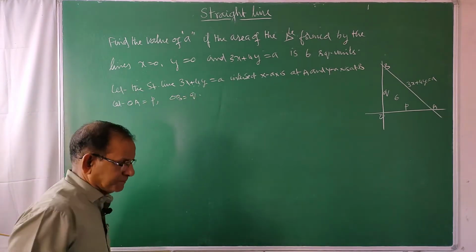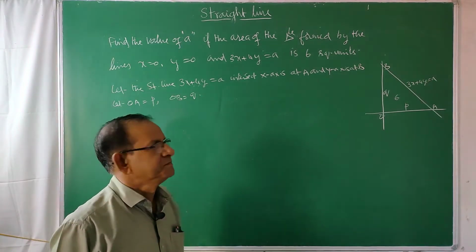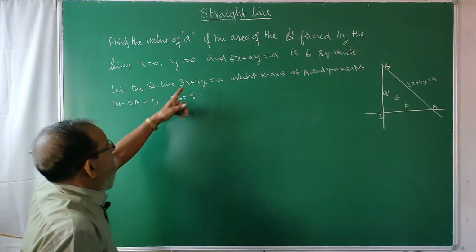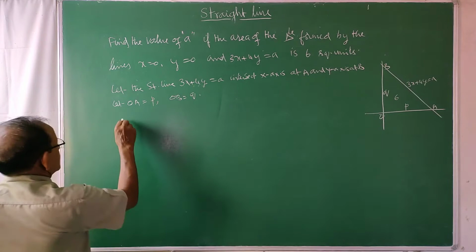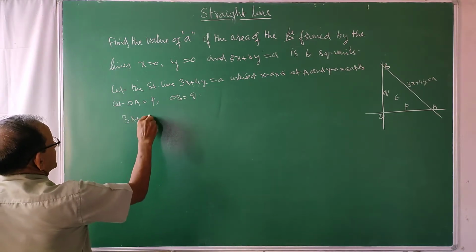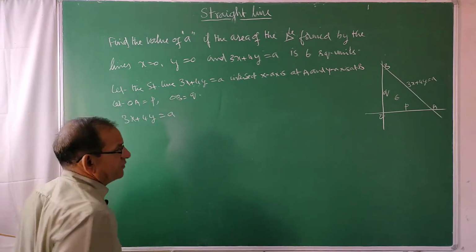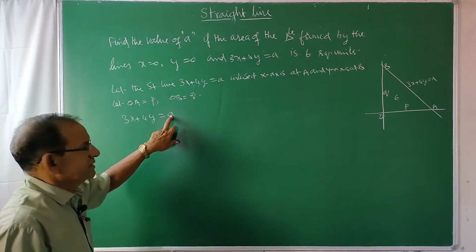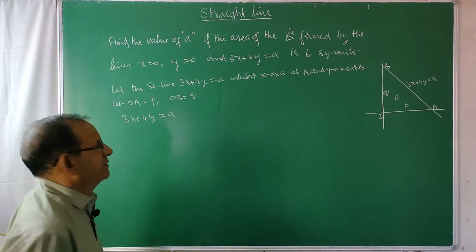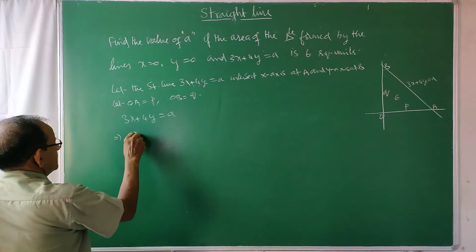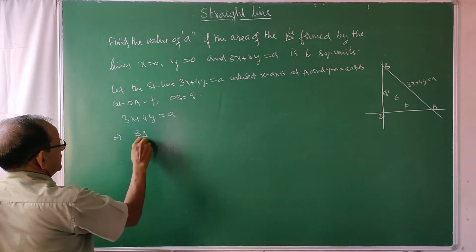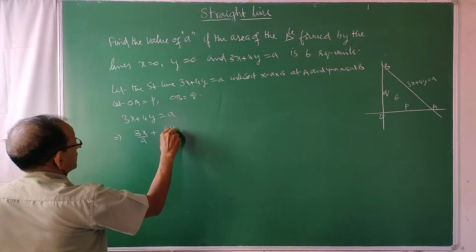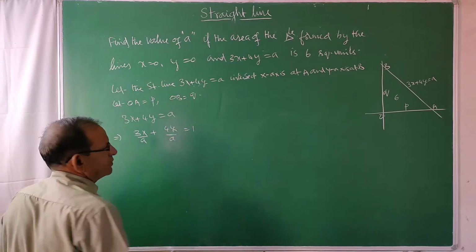They are the intercepts made by that line. Now let us convert this into intercept form first. 3x plus 4y is equal to A. Intercept form is x by a plus y by b is equal to 1. So to get 1 on the right side, divide both sides by A. That implies 3x by A plus 4y by A is equal to 1.